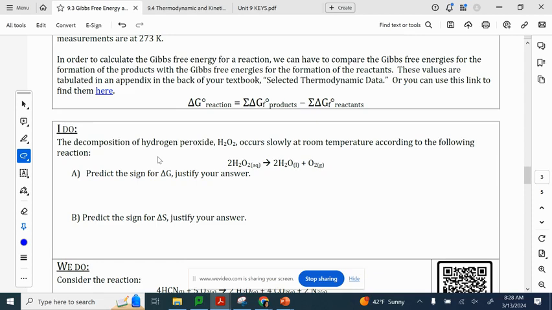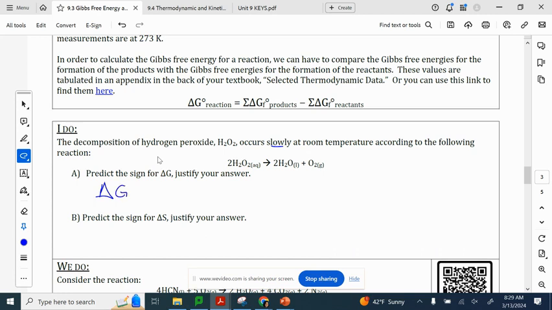What does it say? So if this happens without any extra energy, it's going to happen slowly, but it's going to happen without anything added in. Then the delta G is going to be what?